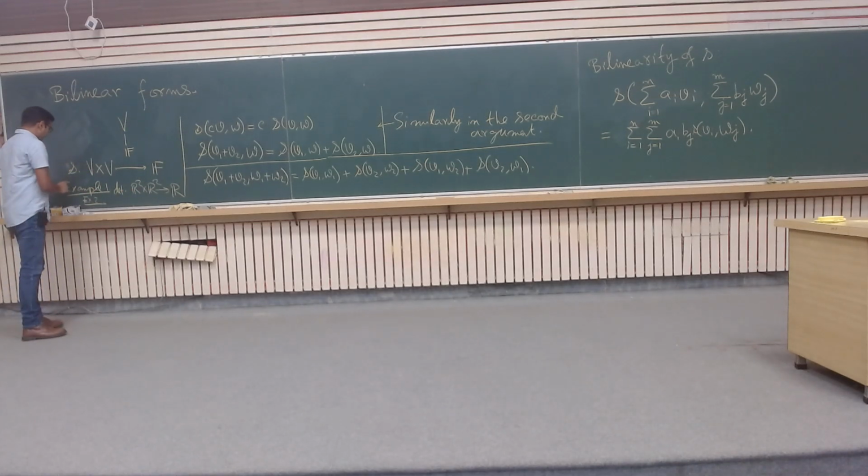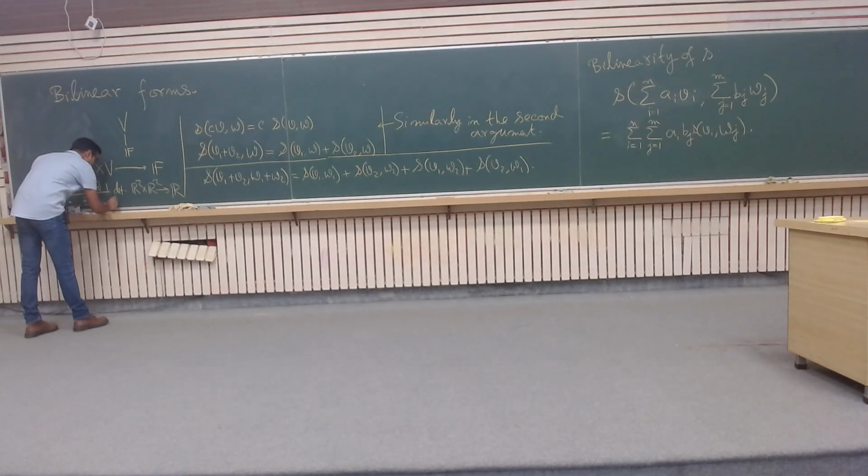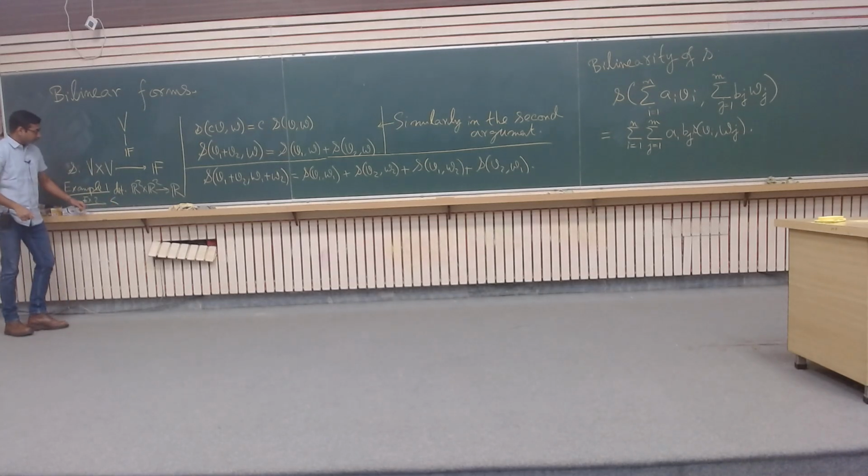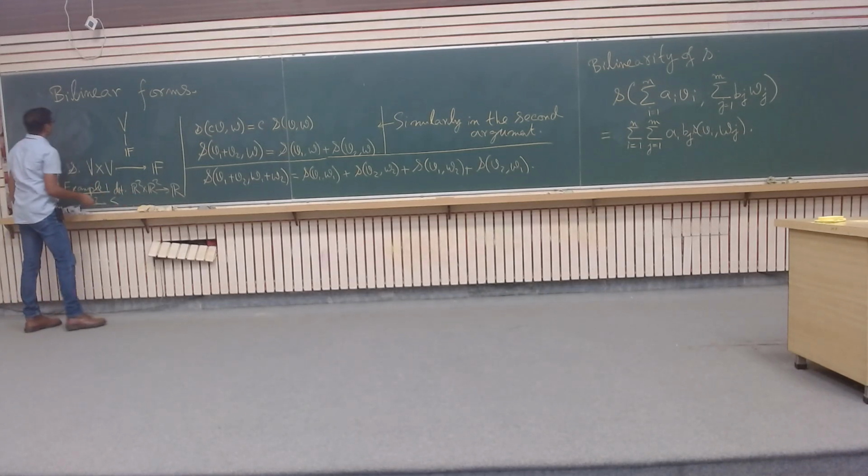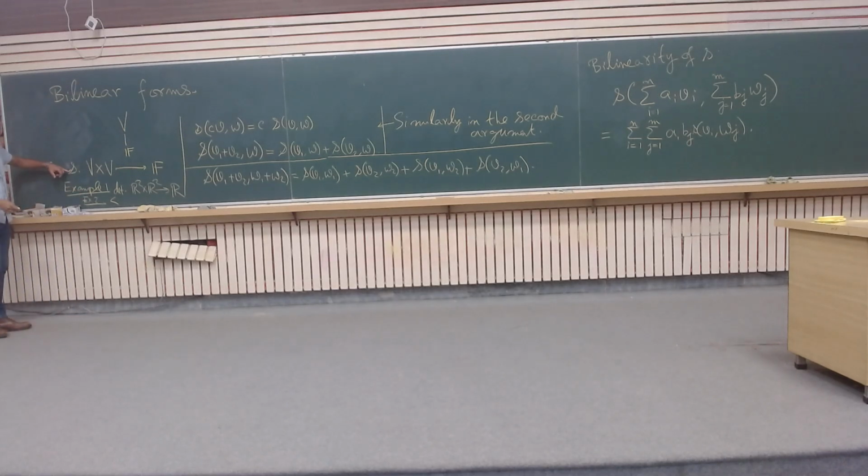Now, the second is the dot product. We will often denote this, instead of using some function like S, just with angular brackets, a less than, a greater than. Instead of S, we will often write this one. In particular, when we denote dot products, we'll definitely use this notation.